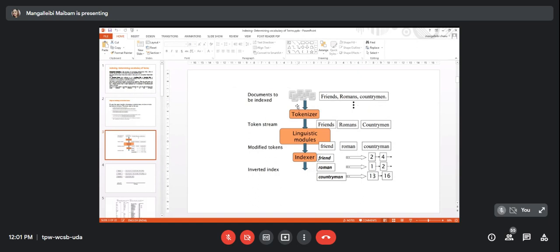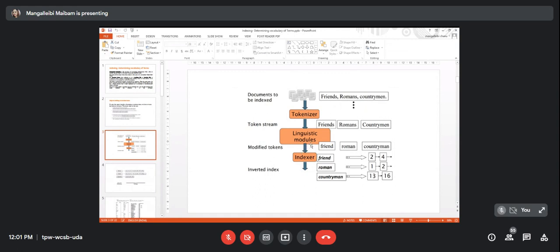The second step is tokenization. Tokenization is just splitting your text into individual terms. Friends is one separate token, Romans is one individual token, Countrymen is one individual token. Next, linguistic pre-processing.